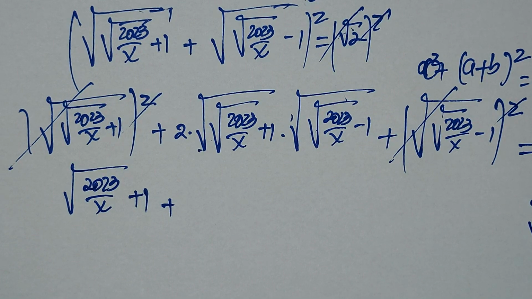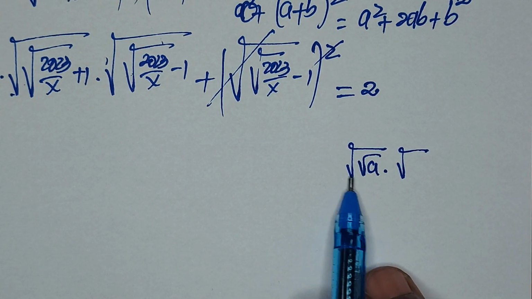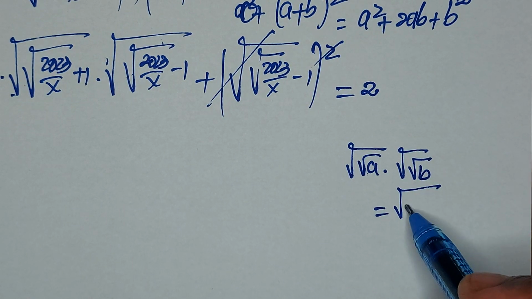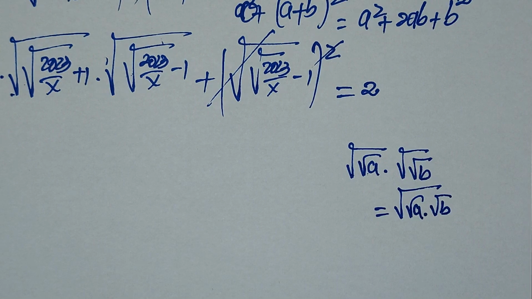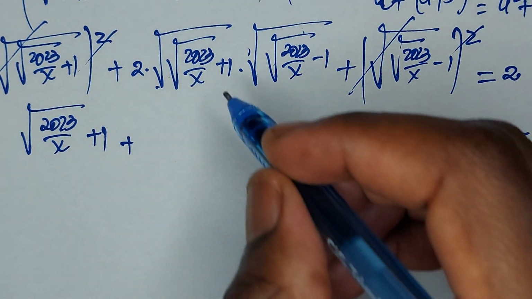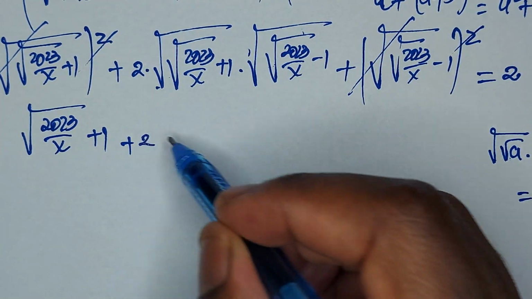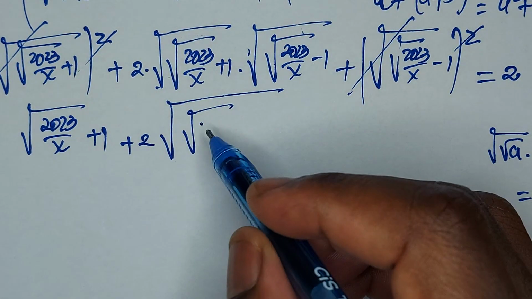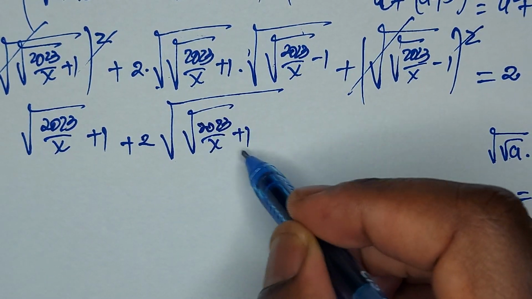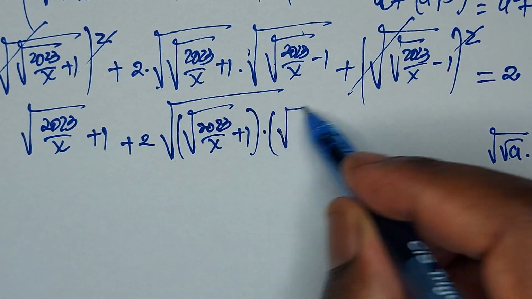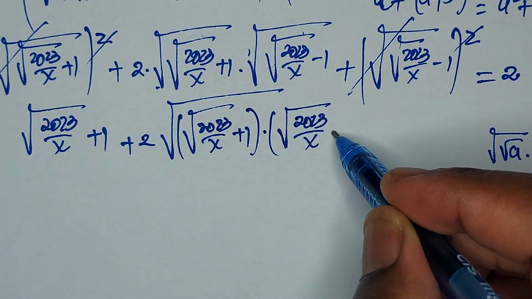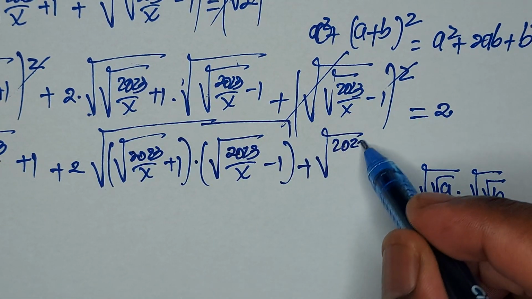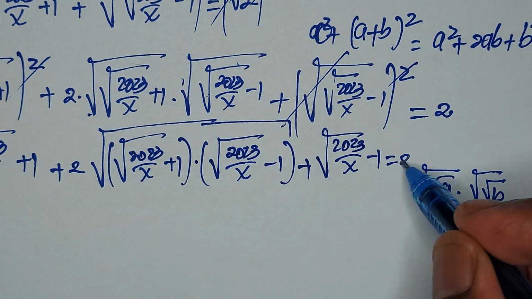Let's just see this rule: the square root of a times the square root of b is the same thing as the square root of a times b. So I can keep this and I will have 2 square root, and I'm going to write this term and this term inside: the square root of 23 over x plus 1 in brackets, times 23 over x minus 1, close bracket, plus the last term, 23 over x minus 1, which is going to be equal to 2.